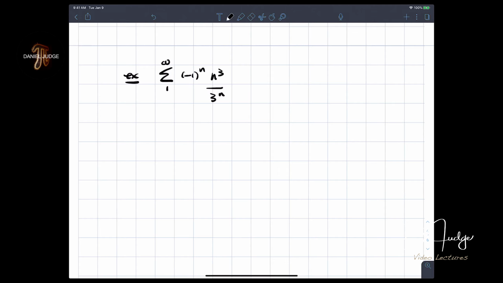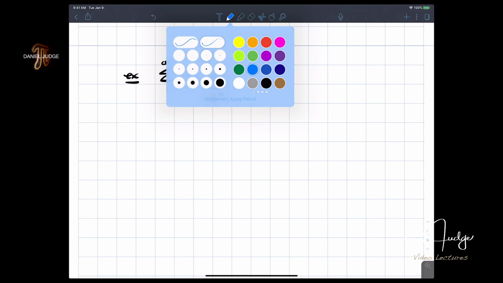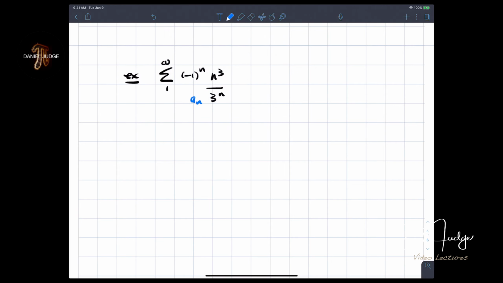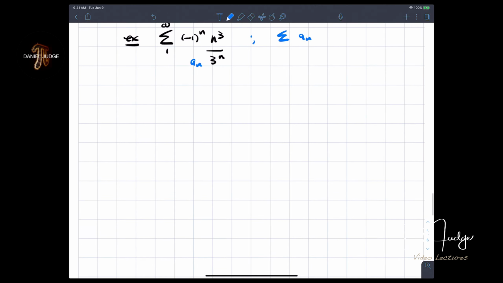Now, this here, ladies and gentlemen, is always a_n, because this is the a_n they're talking about. And so what you're going to need to start to do is make sure you write down that a_n is (-1)^n times n to the third power over 3 to the nth power.